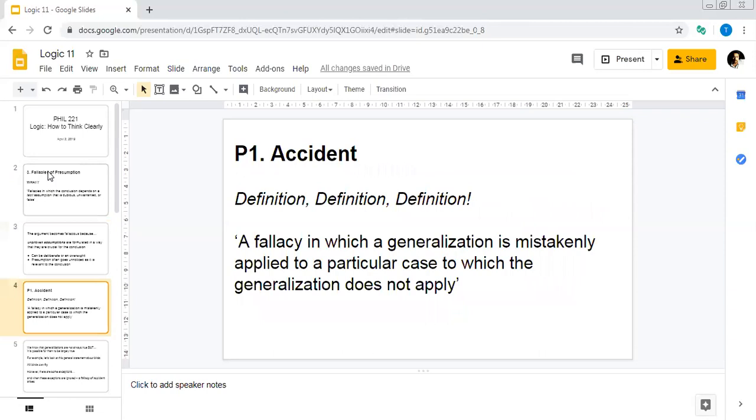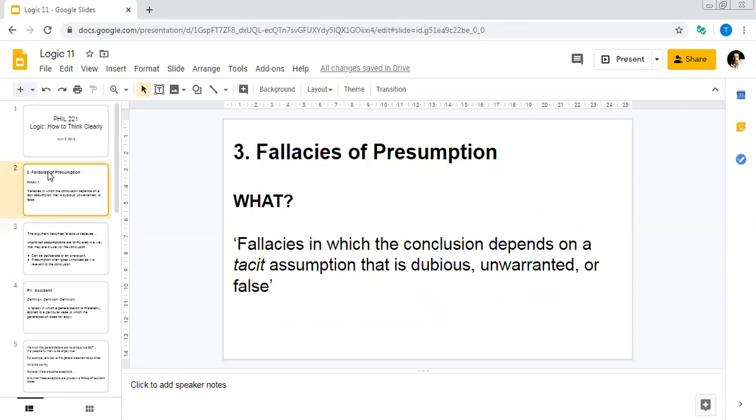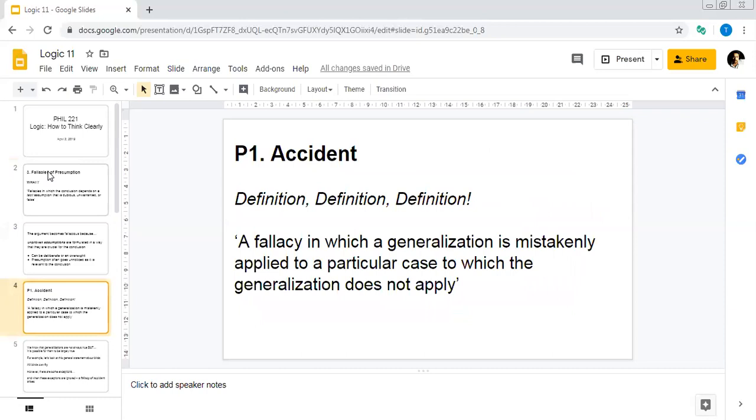Okay. So that was the general category of fallacies of presumption. Let's look at the first subcategory, which is P1, which is accident. So what is accident in terms of fallacies? It's a fallacy in which a generalization is mistakenly applied to a particular case to which the generalization does not apply.